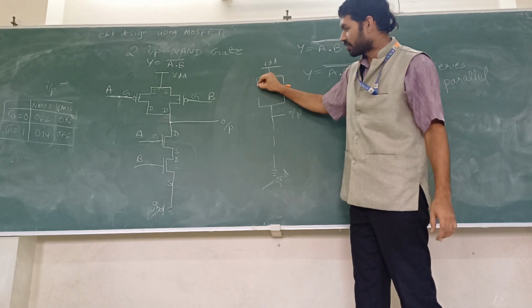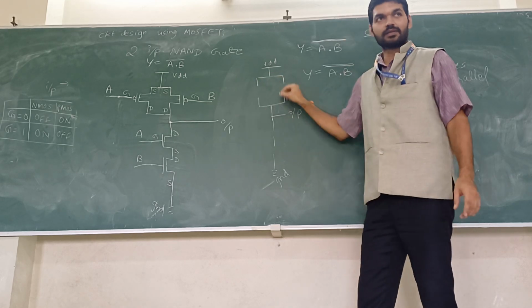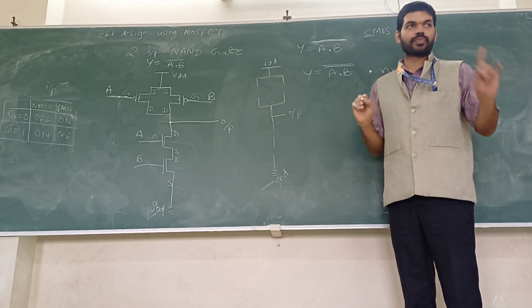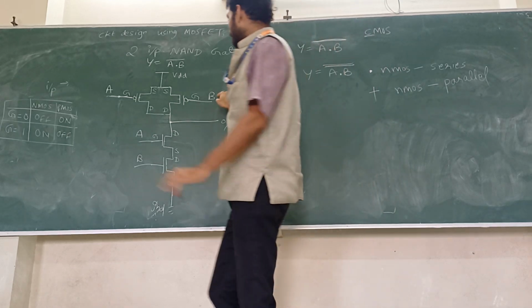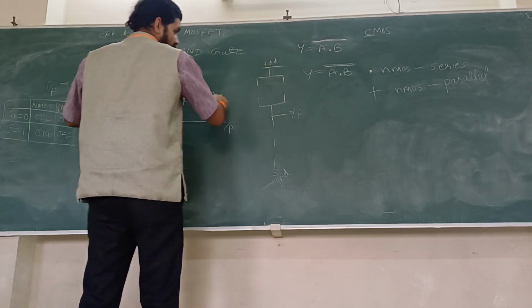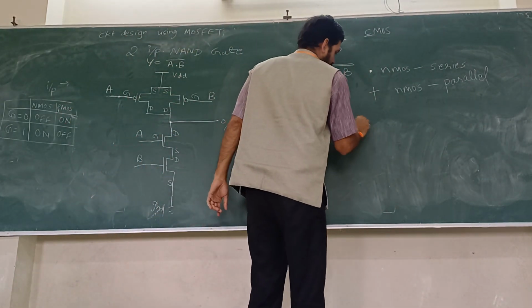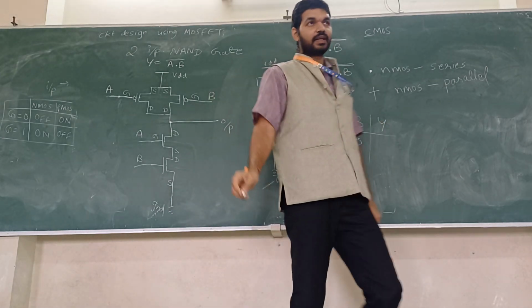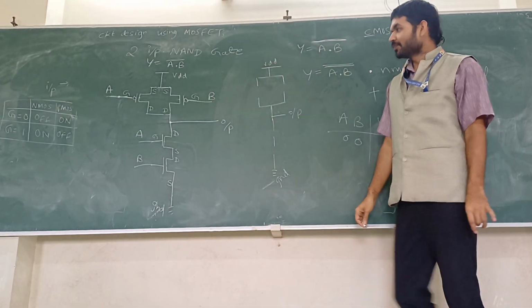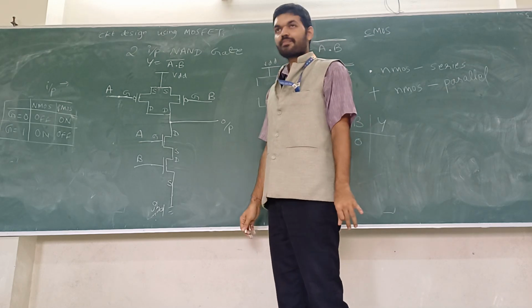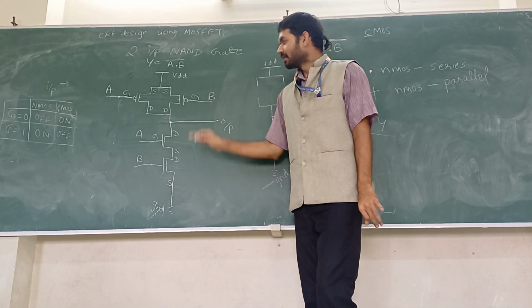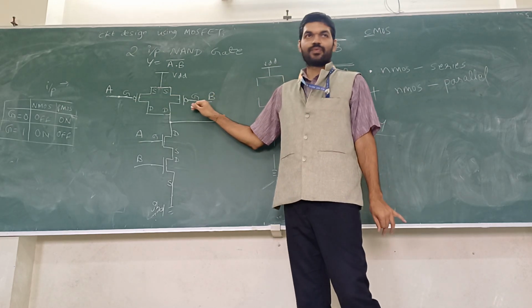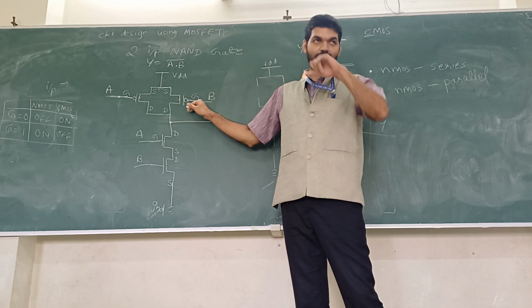Here the switch will be closed or open, you look and draw it. Let us take the inputs A and B both 0, 0. Both are 0, 0. Are the PMOSFETs on or off?